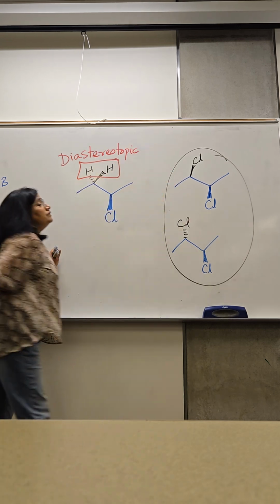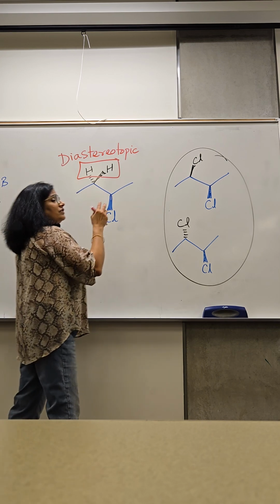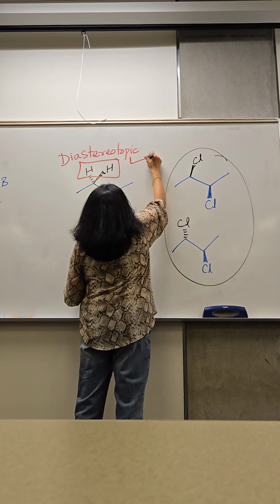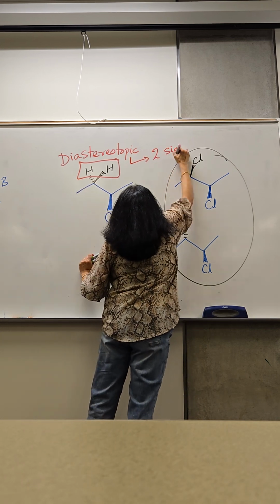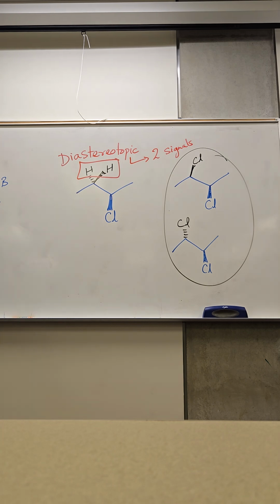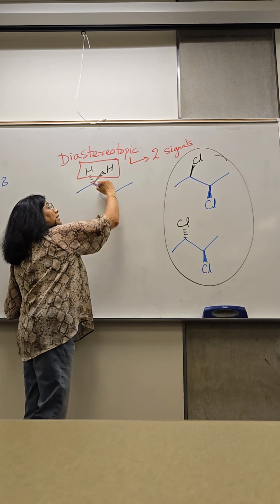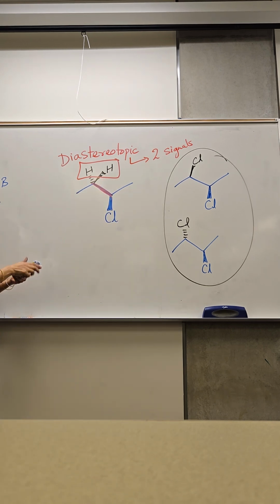Diastereotopic hydrogens are not in the same chemical environments. They are not expected to give the same signals. They will give you two signals. Each hydrogen is in a different chemical environment. And in fact, if you drew a Newman projection along that bond, it becomes really clear that they're not in the same chemical environment.